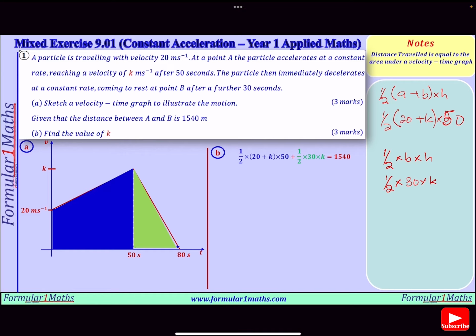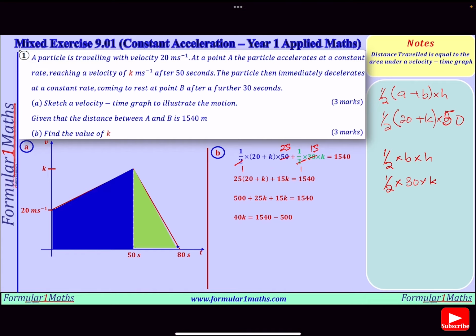We can now reduce the fractions. 2 goes to 50, 25 times, and 2 goes to 30, 15 times. This reduces to 25 brackets 20 plus k, plus 15k, equal to 1,540. Expanding gives us 500 plus 25k plus 15k equal to 1,540.